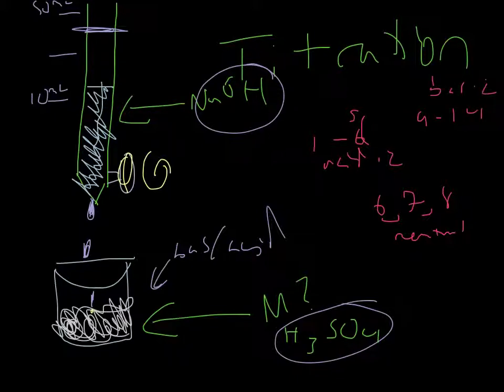So the indicator is a special chemical. In bromothymol blue's case, it's clear when it's acidic, that's why I use gray, because that'd be clear, but when it turns basic it turns blue.